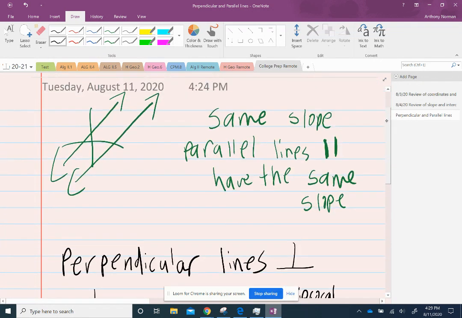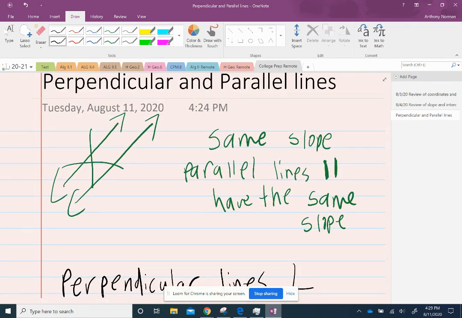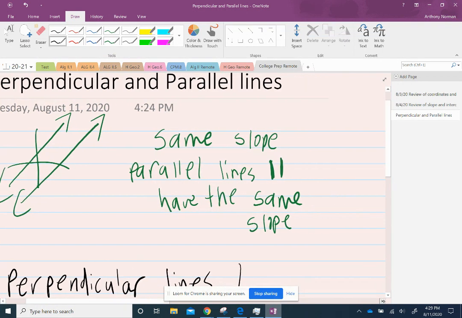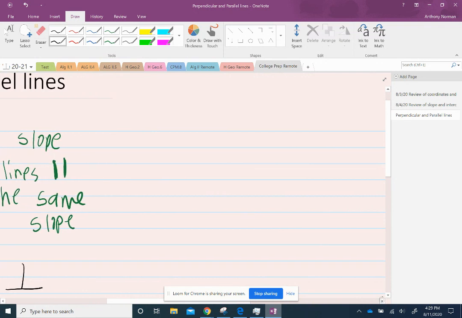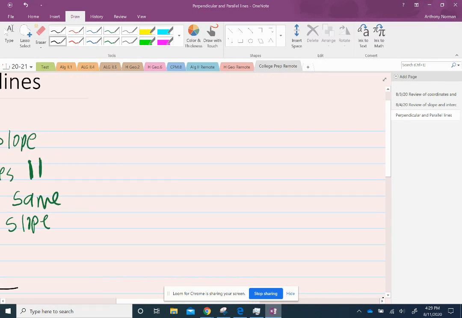So when are we going to use this knowledge besides a vocabulary test? When we need to construct a line parallel or perpendicular to another line. So you may remember point slope formula.